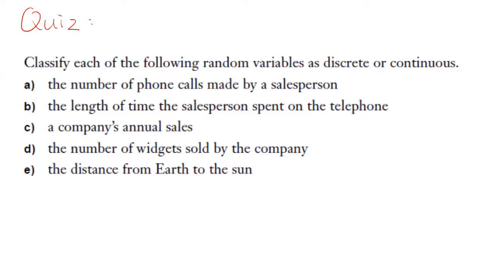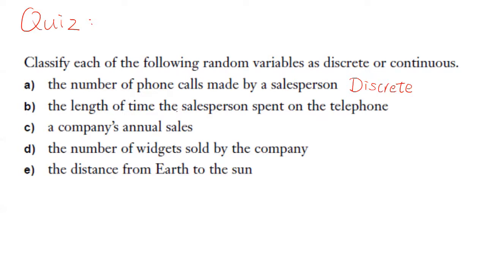All right, have you finished? Okay, let's see the result. The number of phone calls made by a salesperson is discrete, right? Because the number of phone calls must be an integer, so it has to be discrete. Okay.